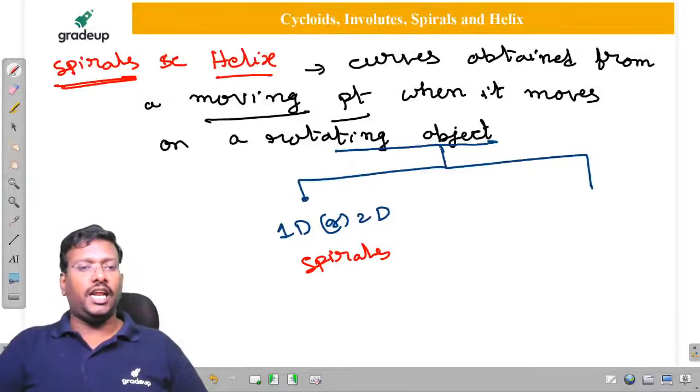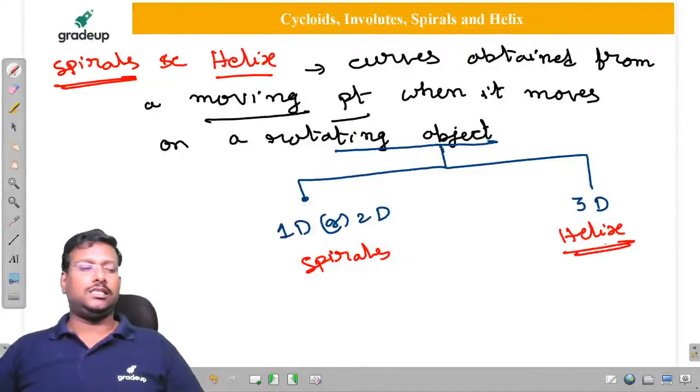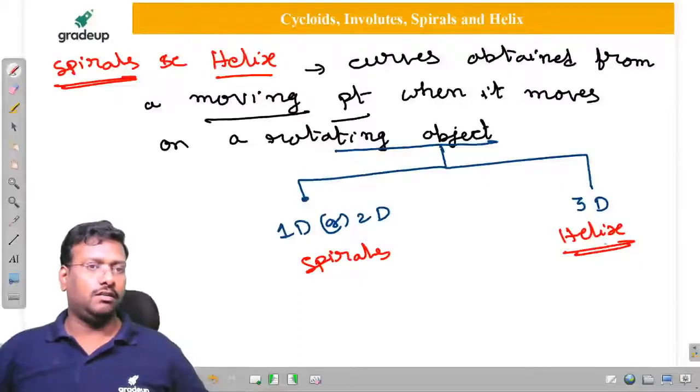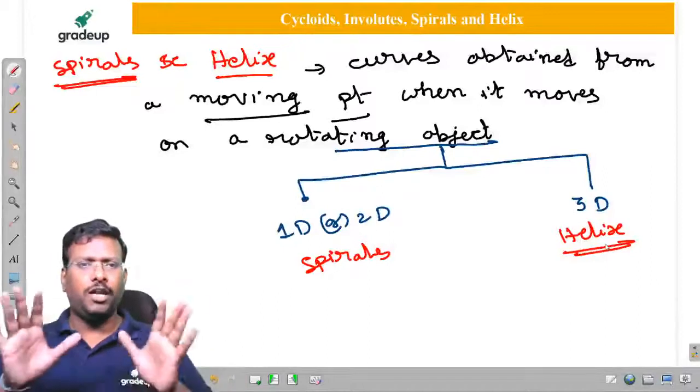If it is a three-dimensional object, then it is called a helix. Is it clear to all of you, my dear friends? Now it is clear. Broadly, you remember.